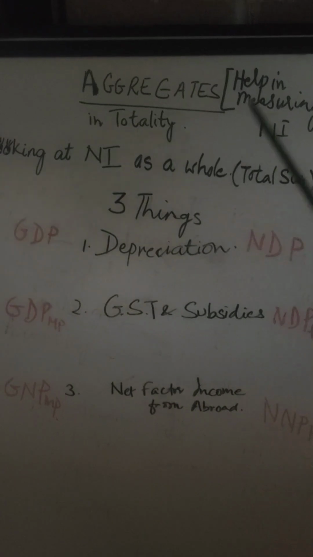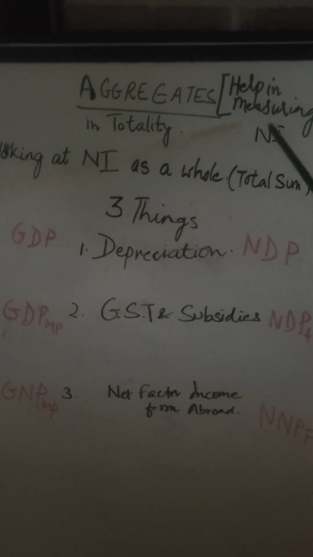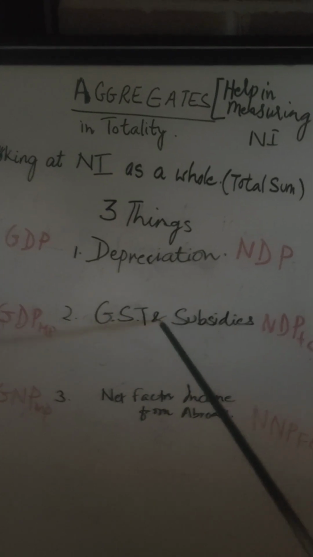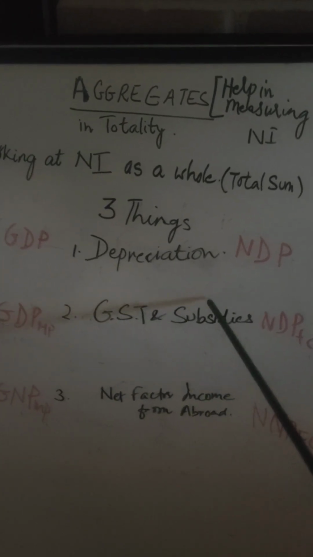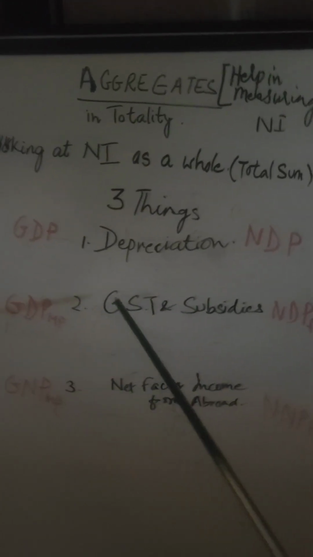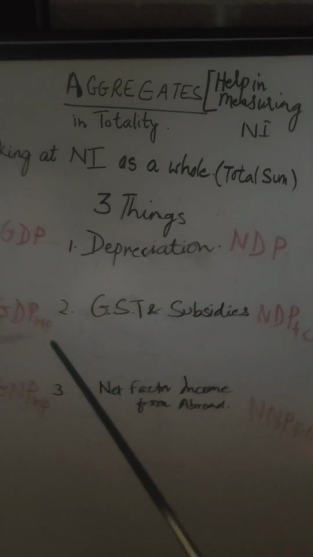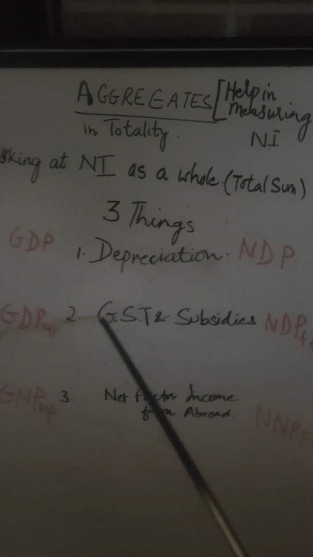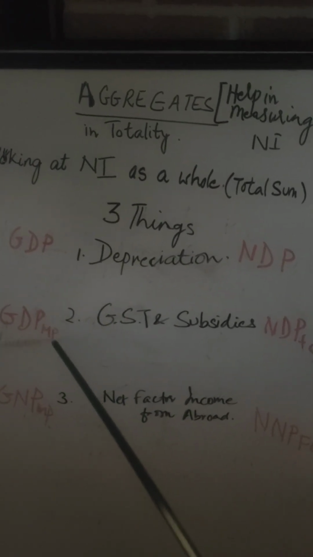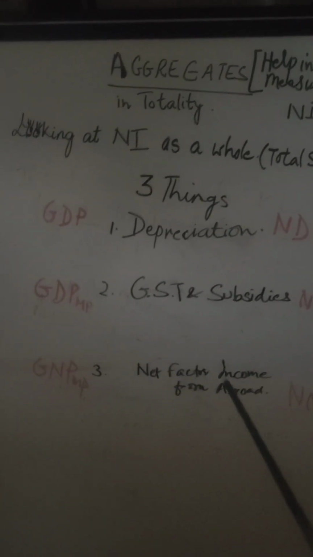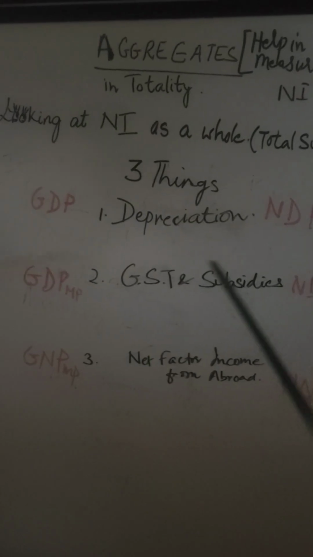So since we are talking about national income as a whole, you take in NIT, net indirect taxes, that is indirect tax minus subsidies. So when you consider that net indirect tax, it is known as market price. That means the good, when it goes to the market for selling, has within itself the net indirect tax.